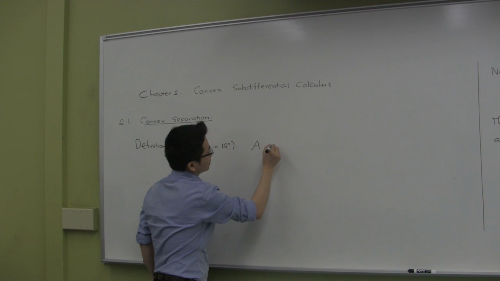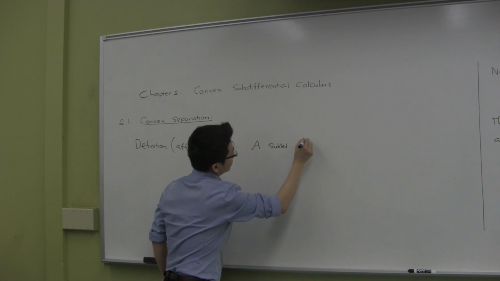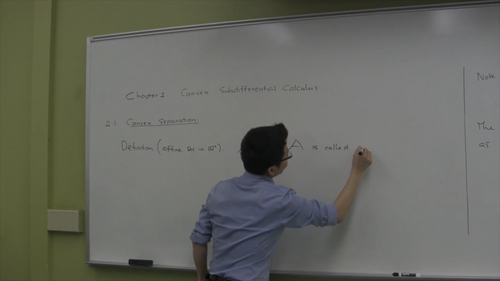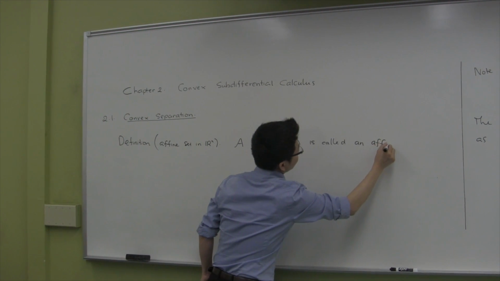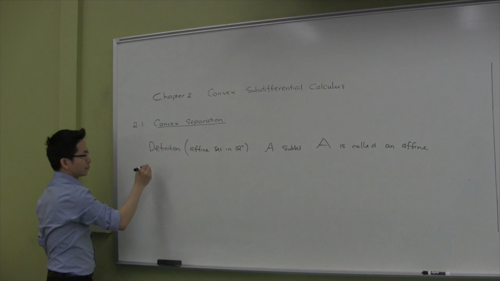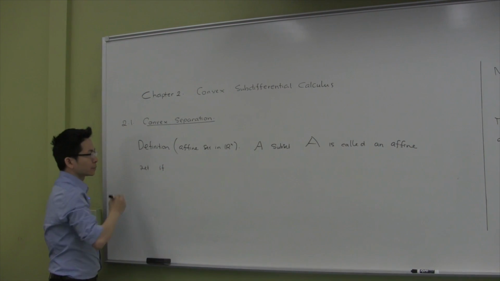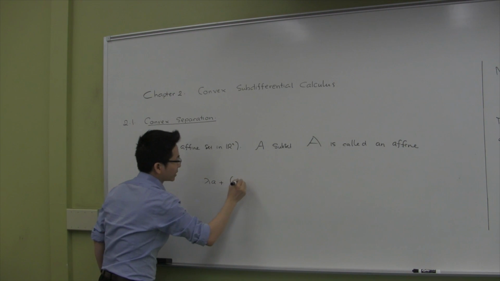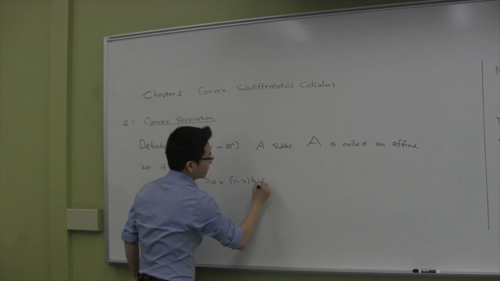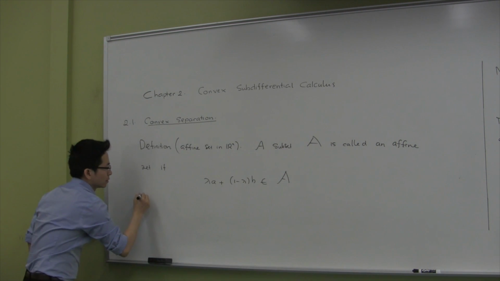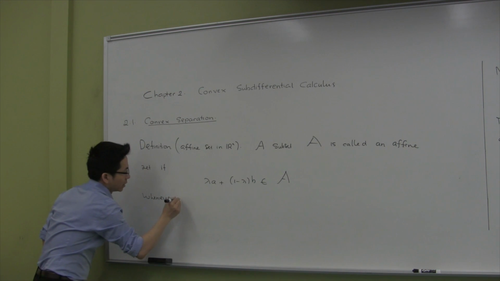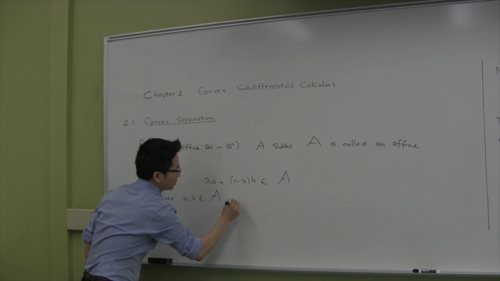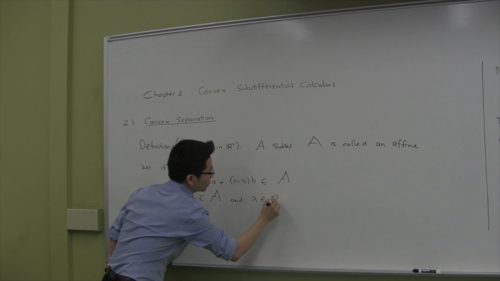A subset A is called an affine set if lambda a plus 1 minus lambda b belongs to A whenever a and b are in A and lambda is any real number. Okay.